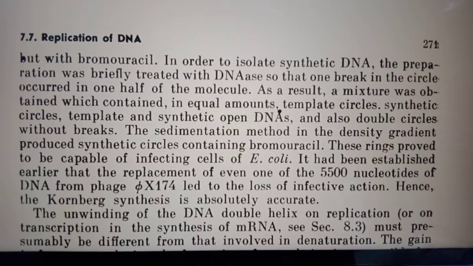As a result, a mixture was obtained which contained an equal amount of template circle, synthetic circle, template and synthetic open DNAs, and also double circles without break. Separation by the density gradient method produced synthetic circles containing bromouracil.